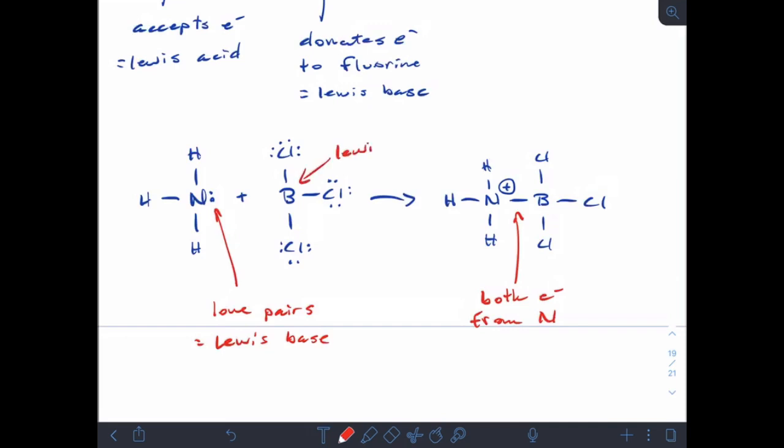That makes the bromine compound the Lewis base. Right? So we can deal with acid and base behavior even when we're not dealing with proton movement. Right? No protons traded hands in this particular reaction, but it's still an acid-base reaction.